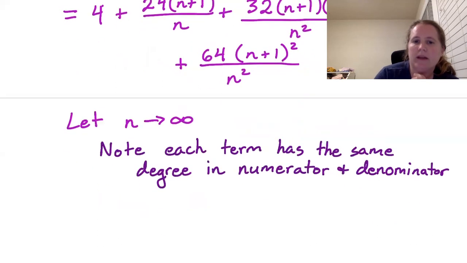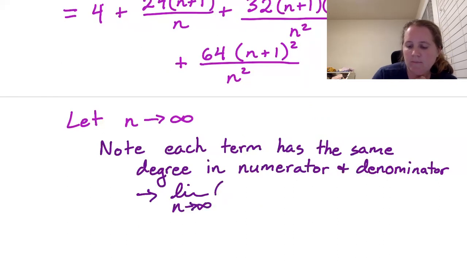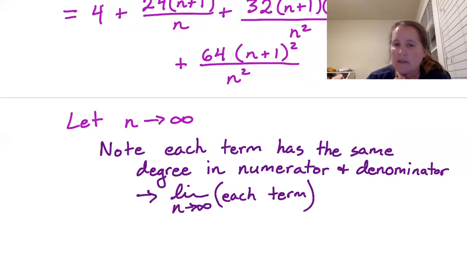And so we have that the limit as n goes to infinity of each term is just the ratio of leading coefficients.